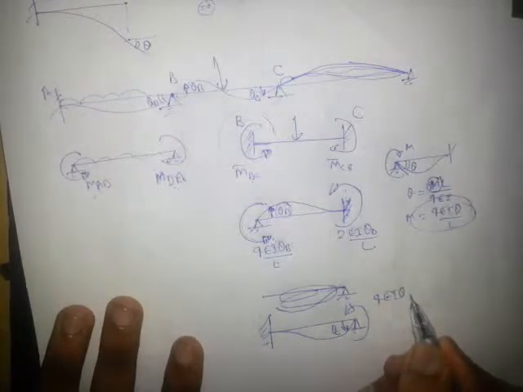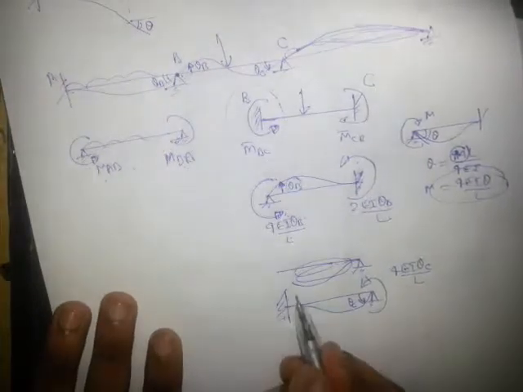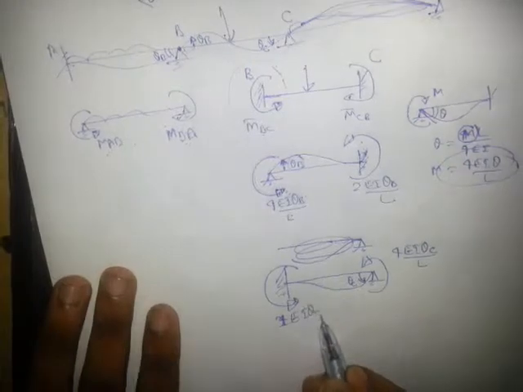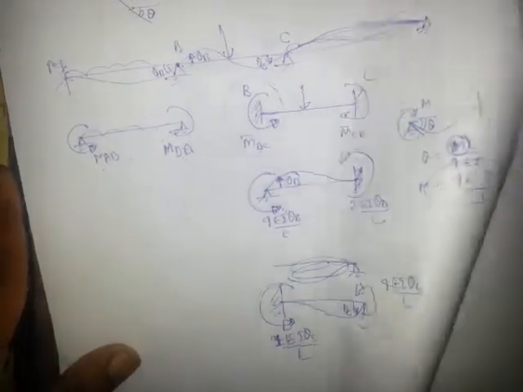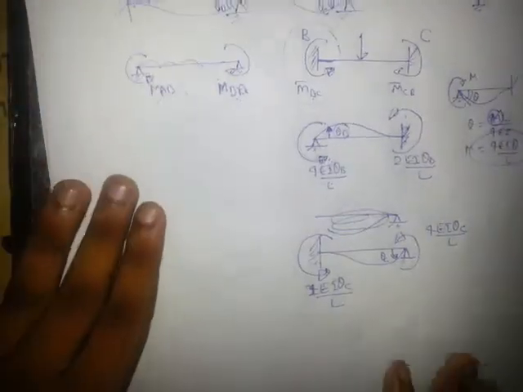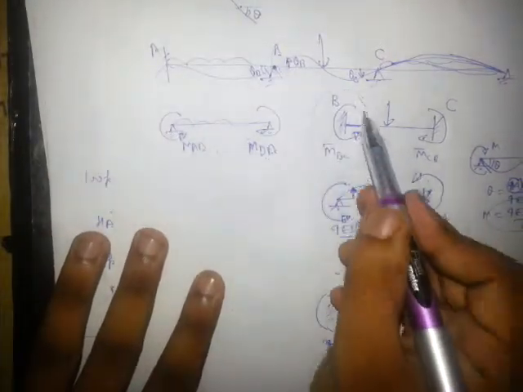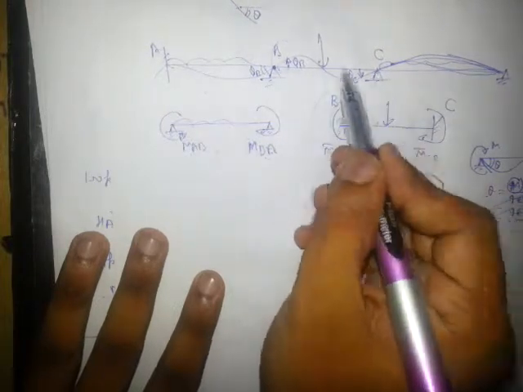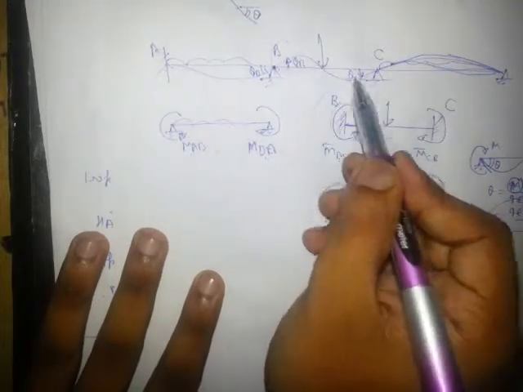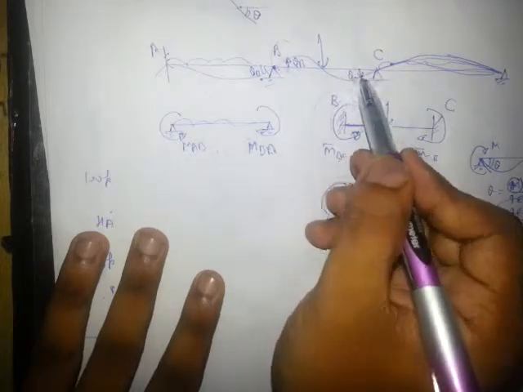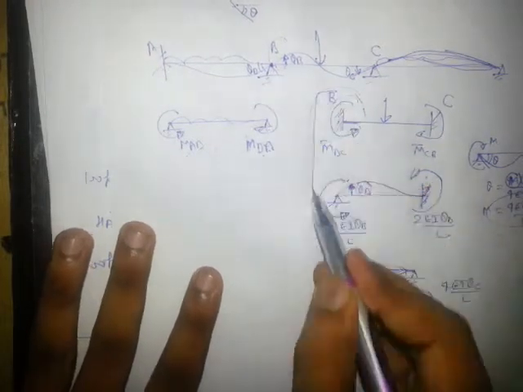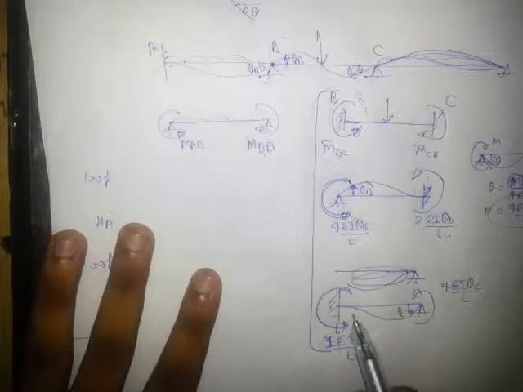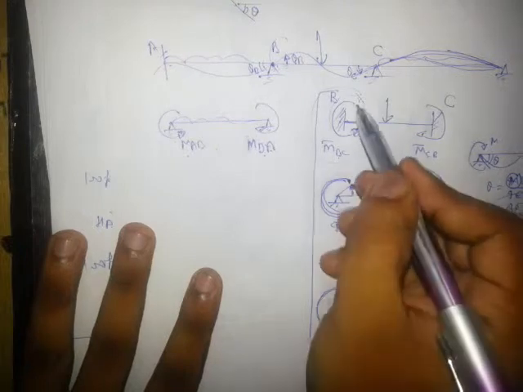It is 4 EI theta C divided by L, and its half will transfer here in the same direction, so it will be 2 EI theta C divided by L. So the net end moment will be the fixed end moment plus the effect of these rotations, theta B and theta C. So we have taken the net effect of two rotations. This is the value, and this is the value, and this is the value.